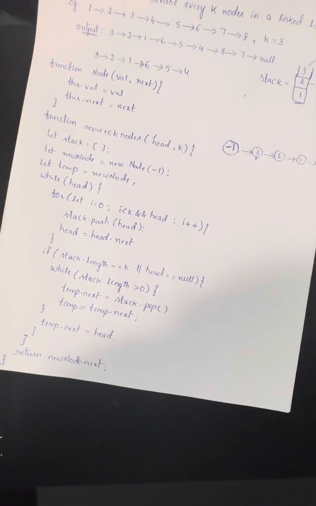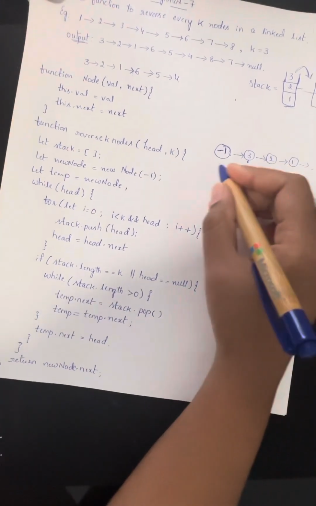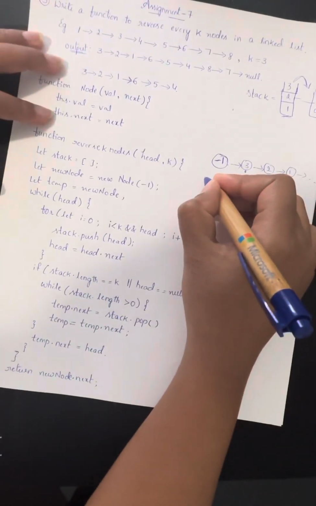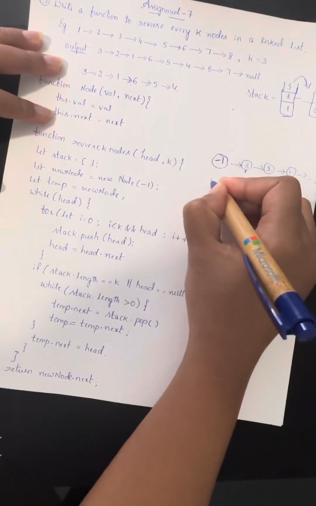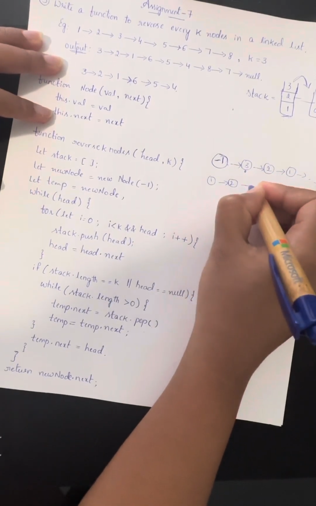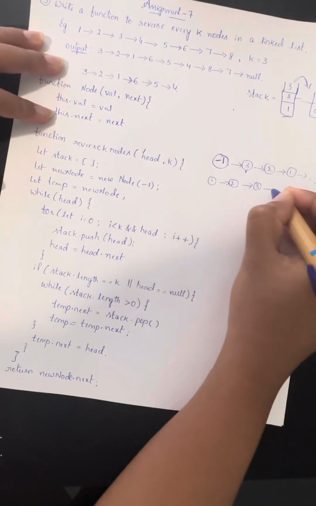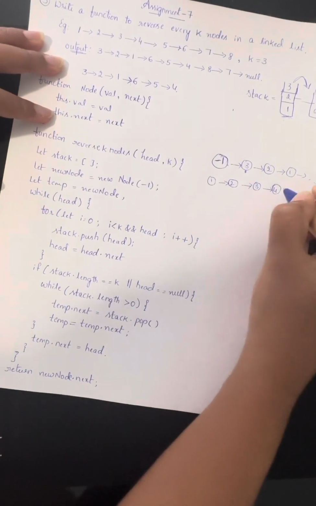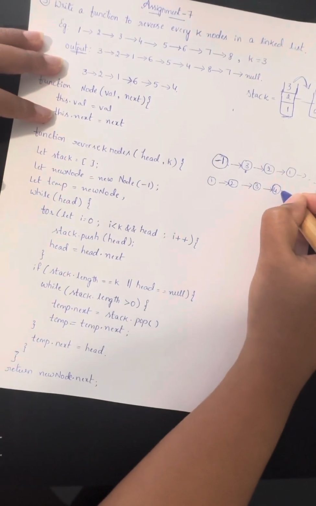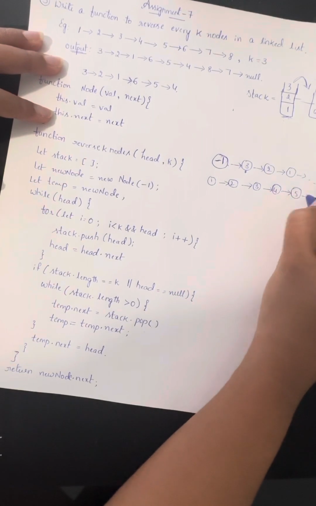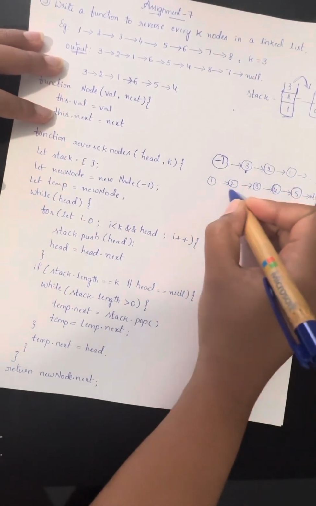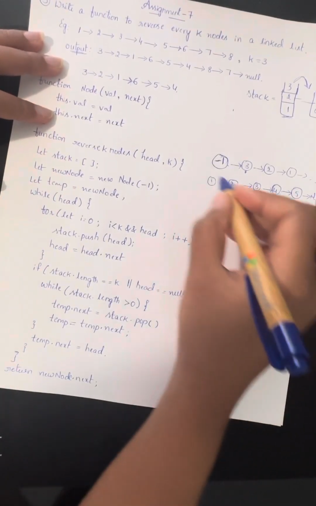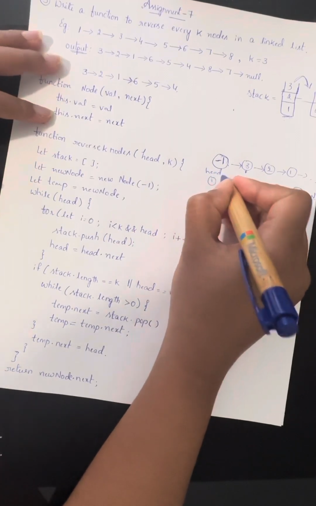Now let's check this with some example. So let's say input is 1 2 3 4 5. So let's assume this is the given input and this is the head.